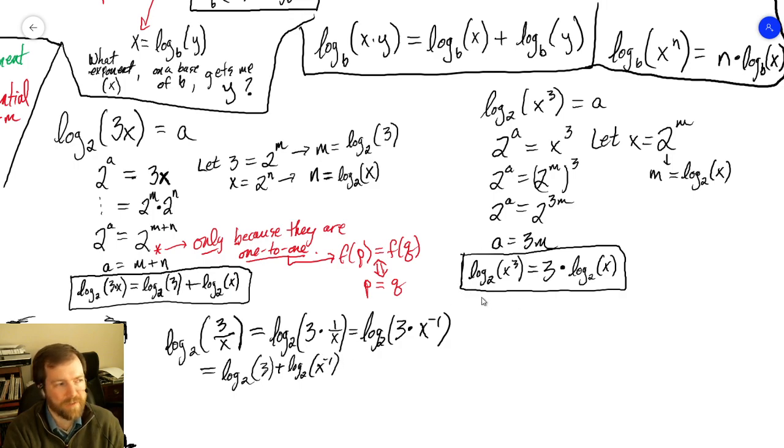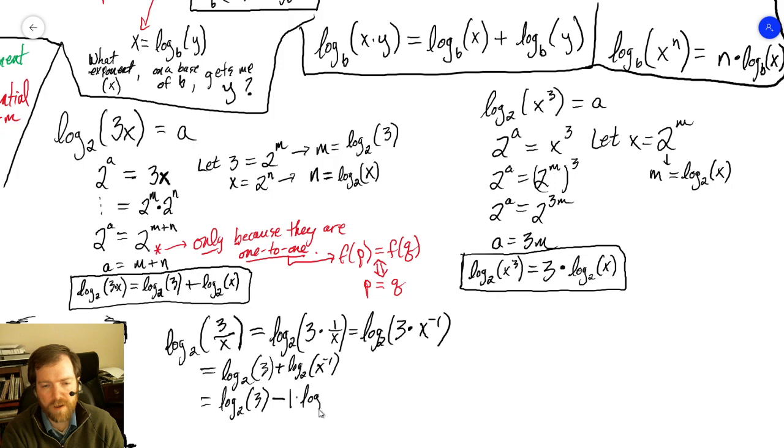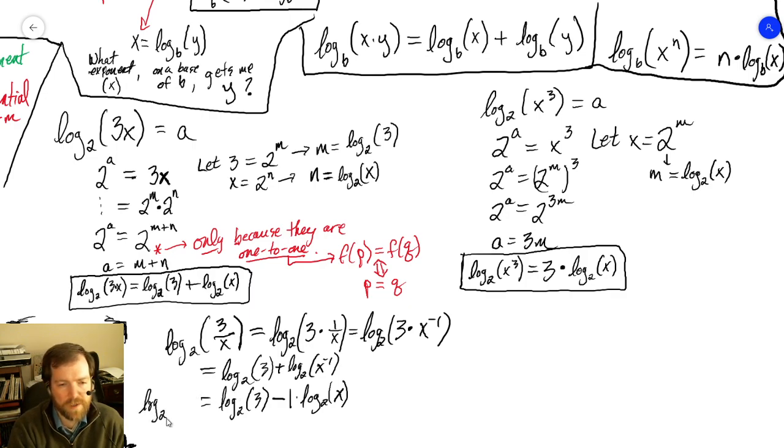It's an exponent. Drop it down front. This is now going to be the log base 2 of 3 plus a negative 1, which makes it a minus 1 times log base 2 of x. So log base 2 of 3 over x equals log base 2 of 3 minus log base 2 of x.